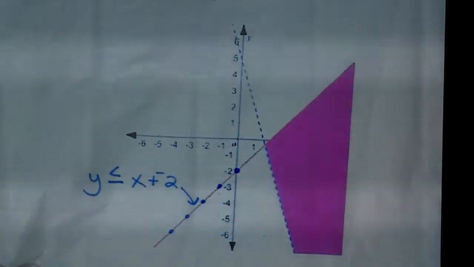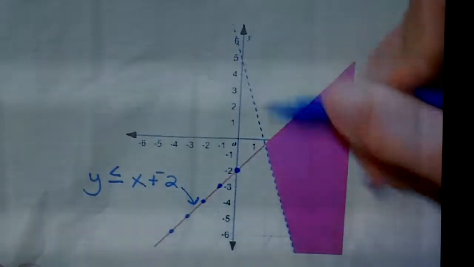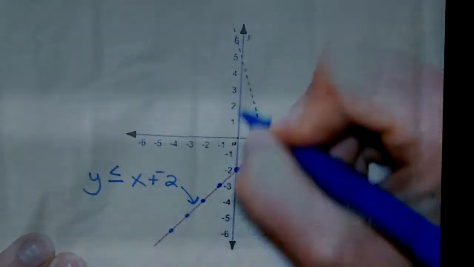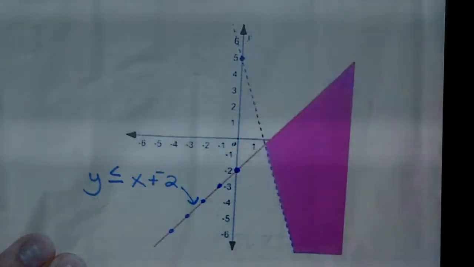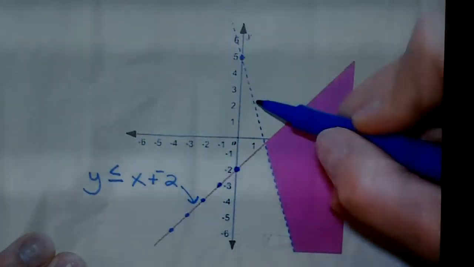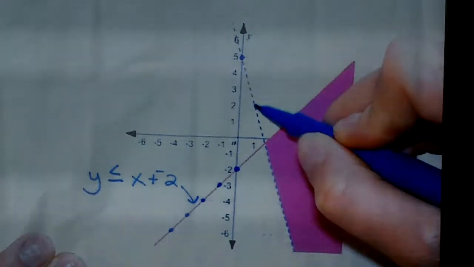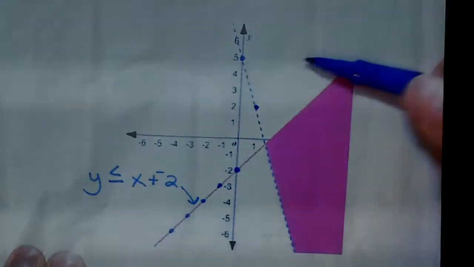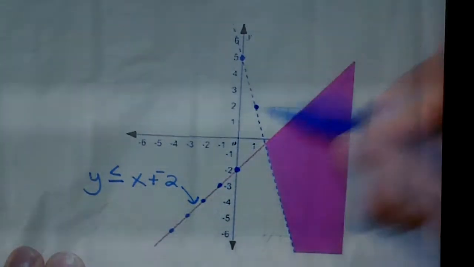So there's one down. Now we have this dashed line right here. We need to figure out the equation for that. So for starters, it looks like that's my y-intercept right there, 5. And I see it looks like a whole number ordered pair would be right there. So we make our own. If you don't see it, it's still there. It's just not a dot. Make your own dot.